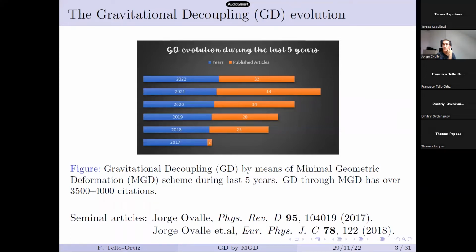It is a very active research field, with almost 4,000 citations. In this plot I have collected only the information concerning the gravitational decoupling by minimal geometric deformation approach, because it is worth mentioning that there is an extended version of this methodology. But as I told you before, today I am only going to talk about the minimal geometric deformation approach.